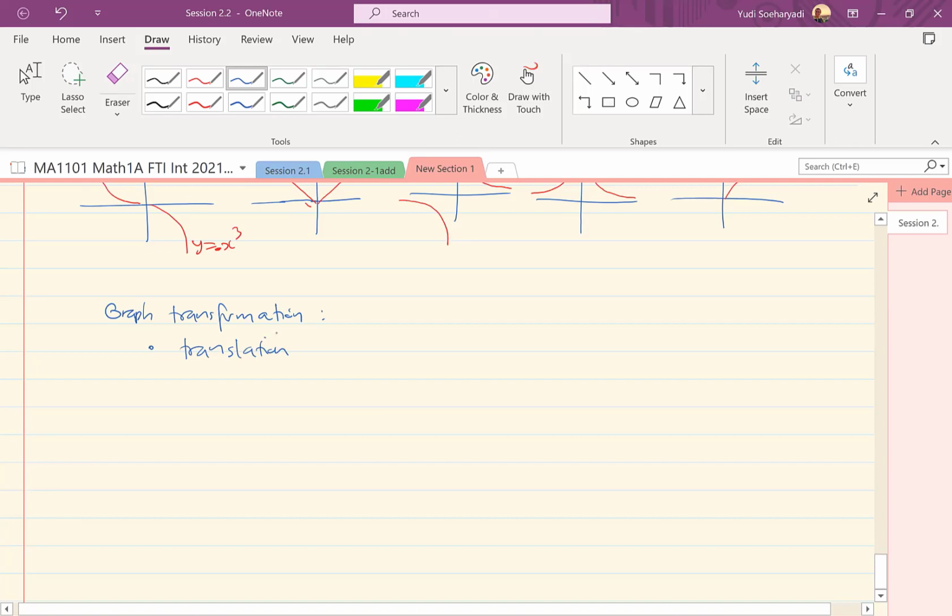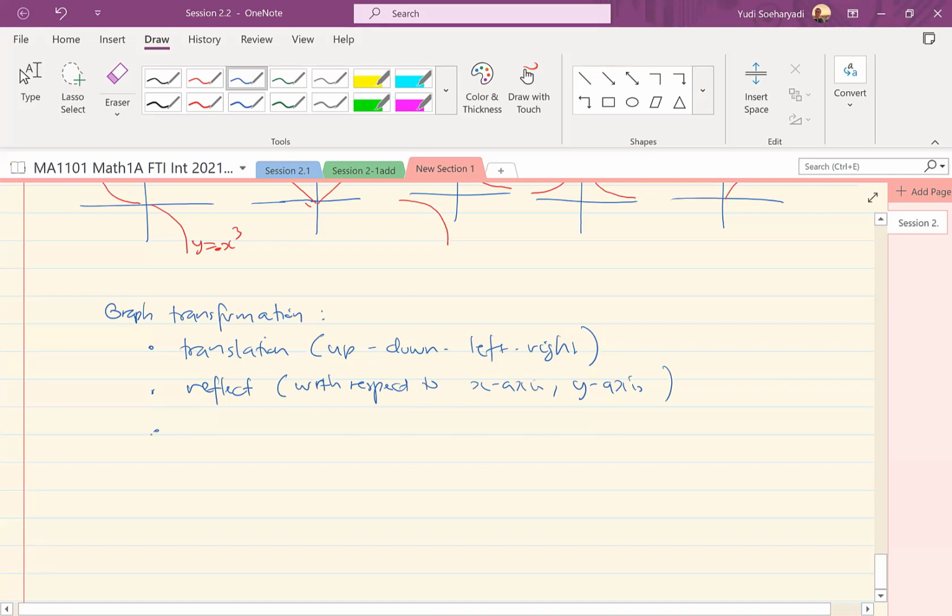When you shift the graph up, down, left, right, and reflect with respect to the x-axis or y-axis.